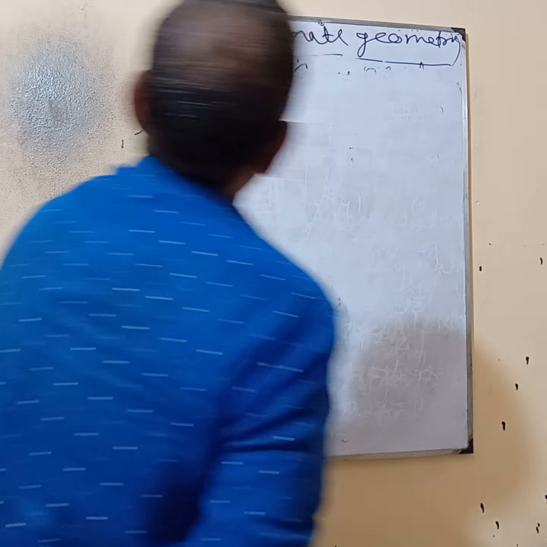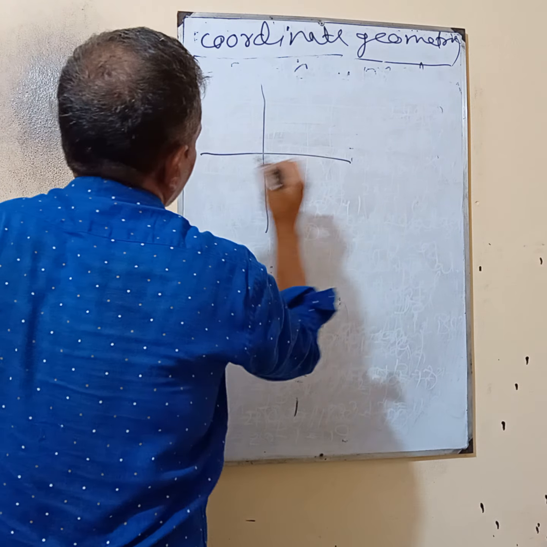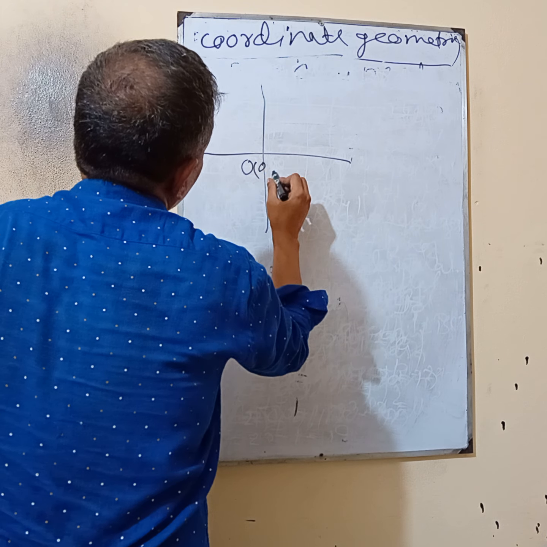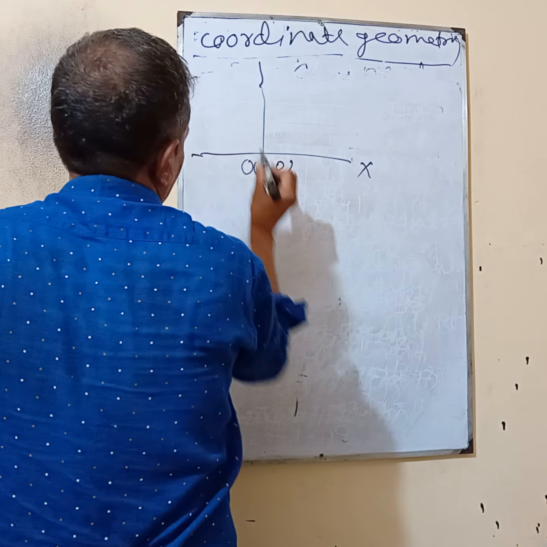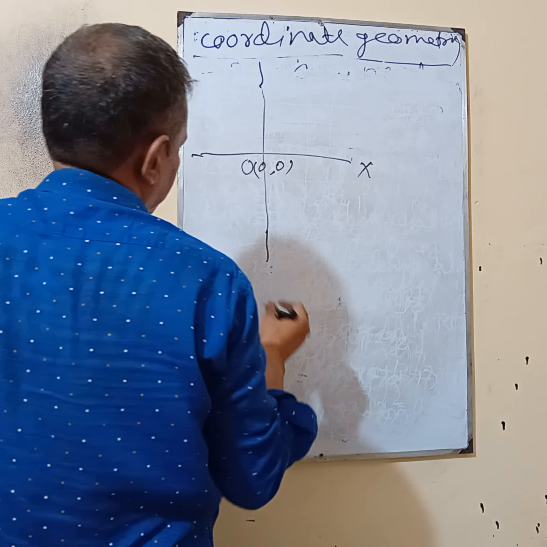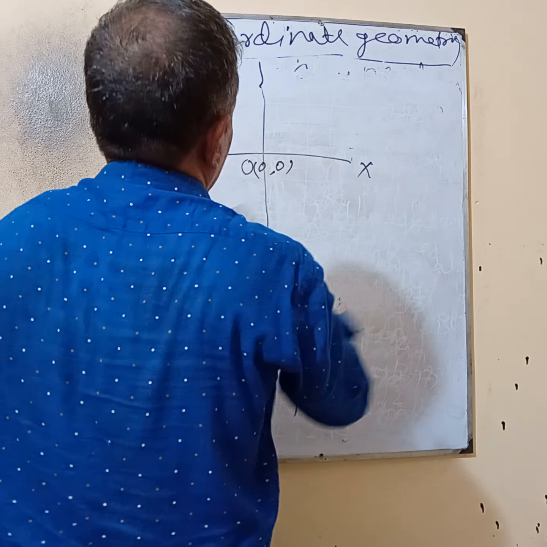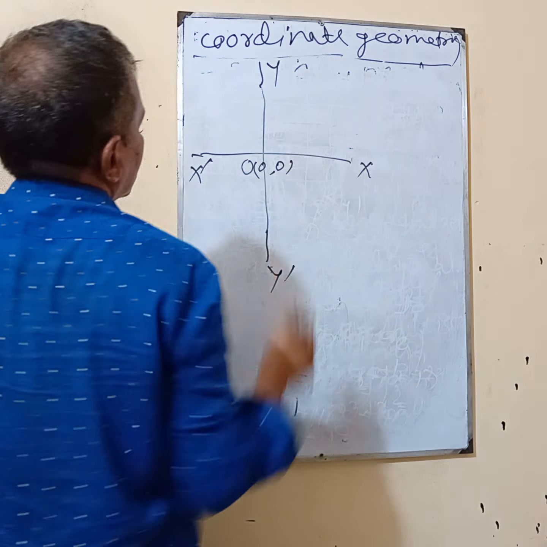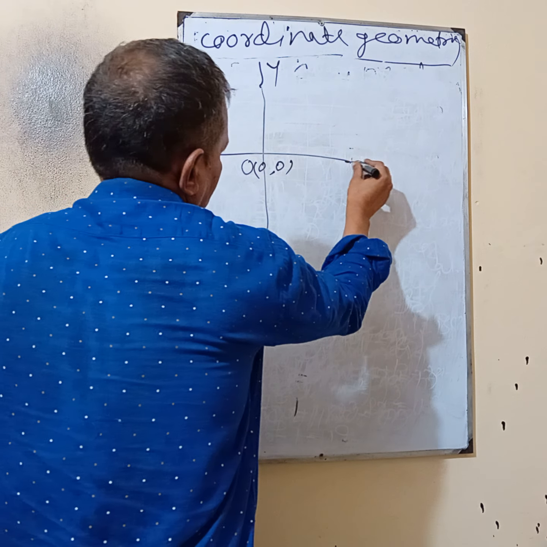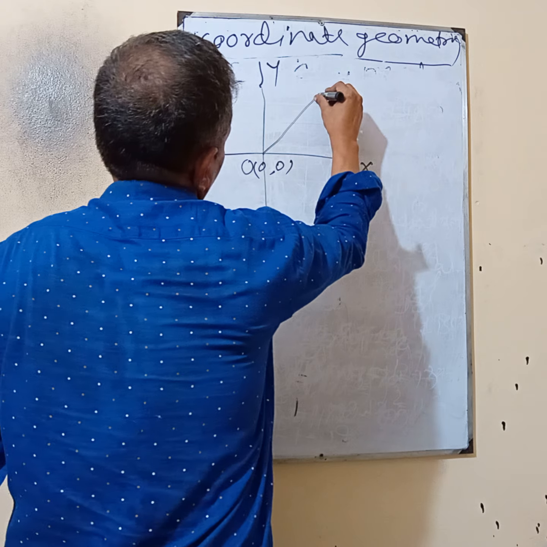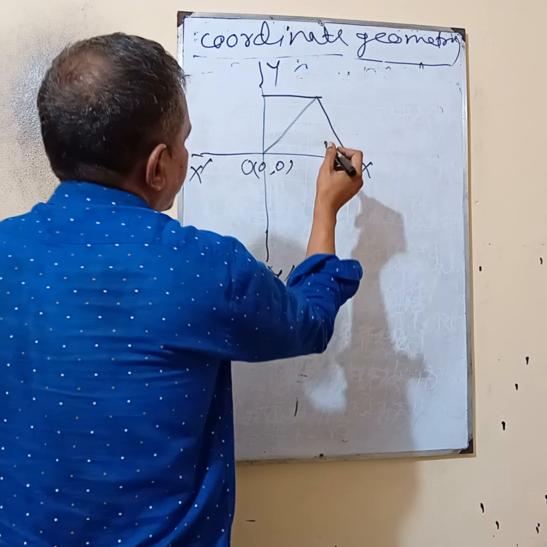Now I am discussing another thing. Suppose it is a quadrant with O at the origin, X and Y axes. Now I am discussing this point.